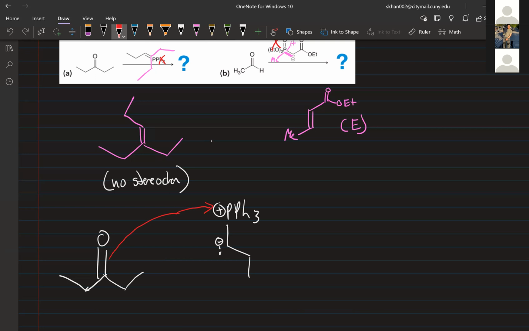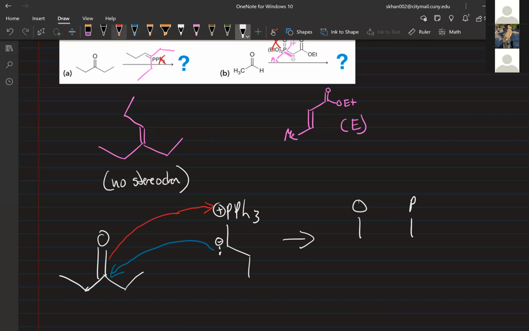And then at the same time, a carbon-carbon bond is forming between the carbanion here and the carbonyl carbon. So that top arrow is going to be the oxygen-phosphorus bond that forms. Let me actually use different colors so I could show you in the next product. So now if I draw it here, this is oxygen, this is phosphorus, carbon.